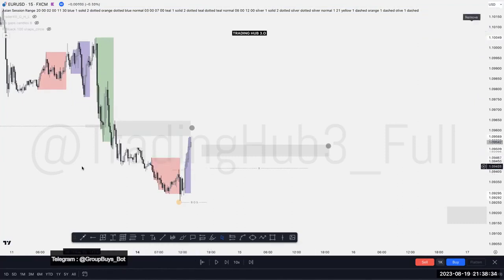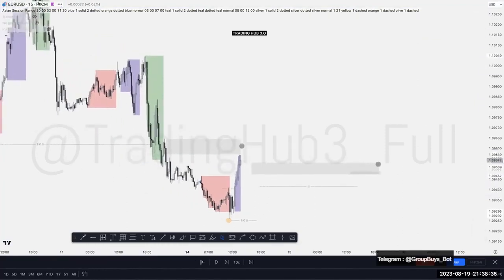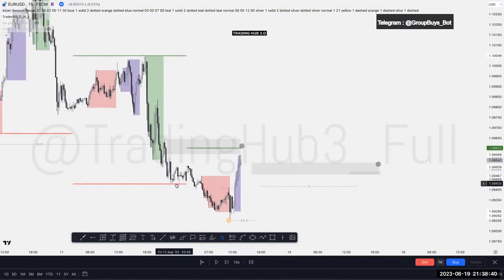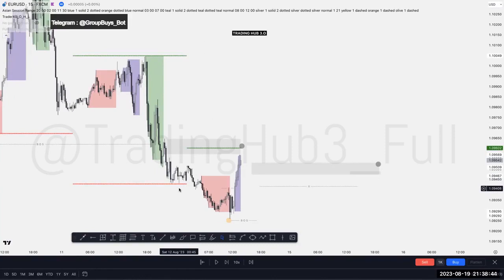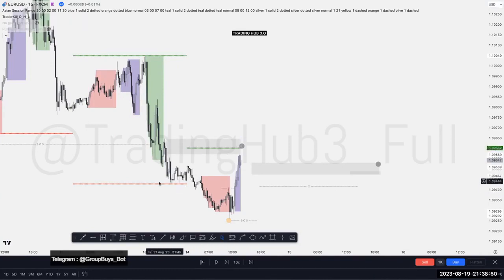So the main thing is, you can see when market breaks the previous low here, and after that you can see this one is a previous day low here. When market breaks the previous day high or low, it means we are willing to buy or sell opposite of the move, right? If market momentum is bearish and breaks the previous day low, it means we are willing to buy here, right? Not sell.